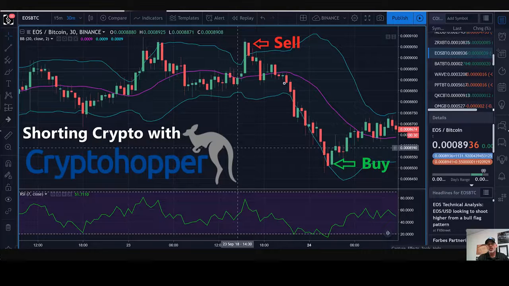Now you don't own 100 tokens of EOS, so you have to borrow them, and exchanges like Bitfinex and Poloniex allow you to borrow on margin. So you will borrow those 100 tokens, and then as the price goes down, you look for an entry price back in, hopefully the bottom, to buy those 100 tokens so you can replace the borrowed tokens.